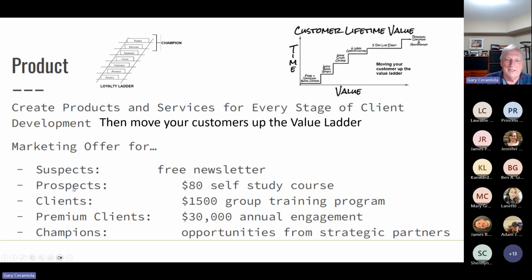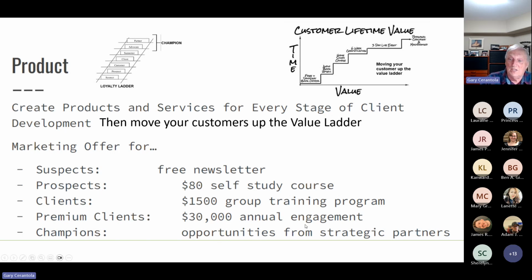You could probably bring in your prospects because they'll have a self-study course that they may be interested in. But then they will turn into clients. And then if you turn them into premium clients, you've really gone up this ladder of customer lifetime value, where you not only gain a lot of revenue at the end, but you've gained a lot of great customers that say a lot about you.